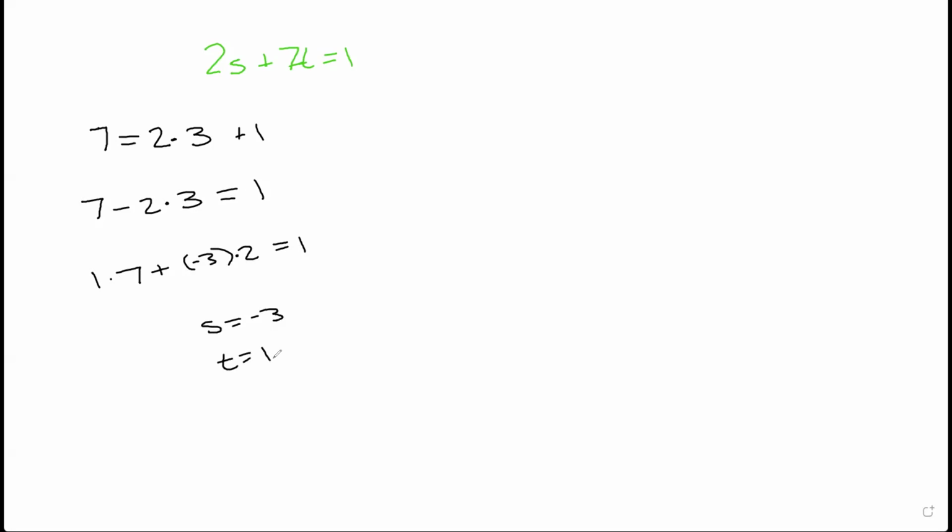Now, this is one example of how those linear combinations would work, but it's not the only number that we get here. So another example might be 2 times 4 plus 7 times negative 1 is equal to 1.